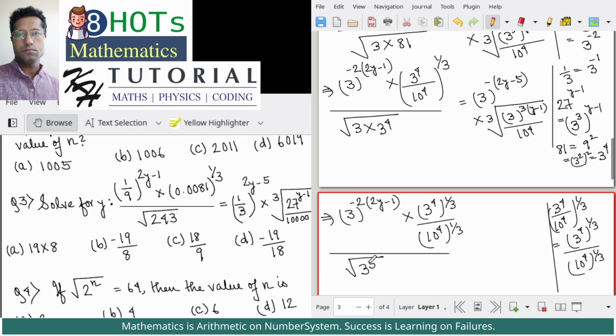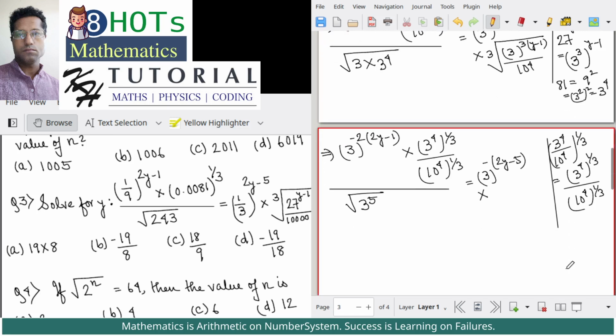to the power 5 is equal to we have 3 to the power minus of 2y minus 5 multiplied by, now what is cube root?